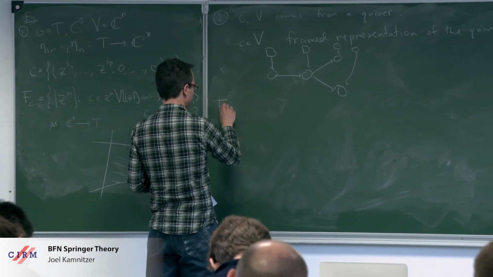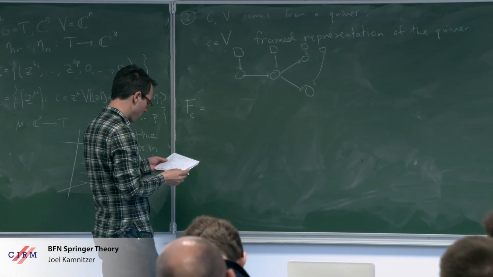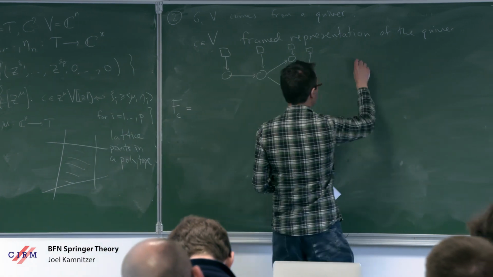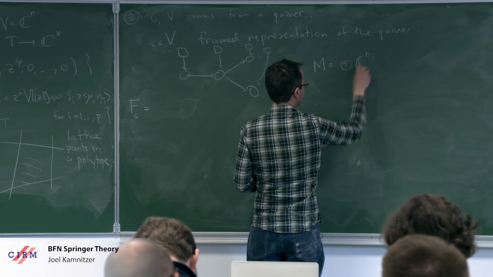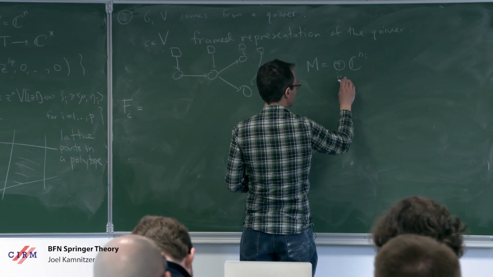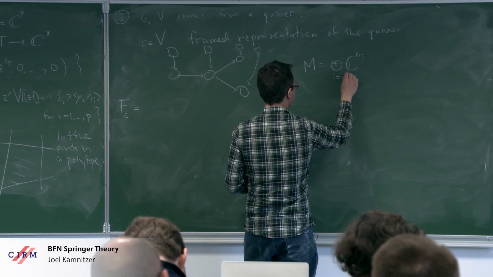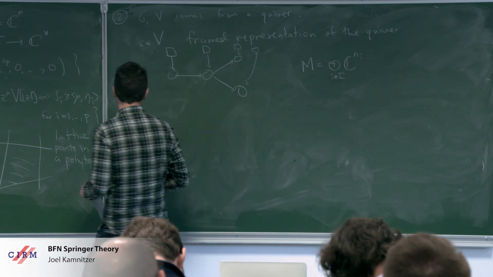Let's examine what FC looks like in this case. Let me write M for the underlying vector space of my quiver, but just the circled vertices.